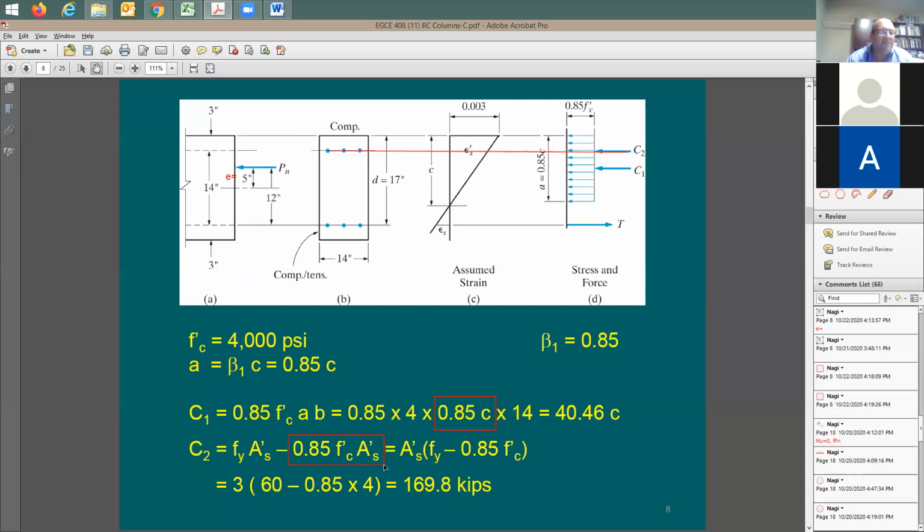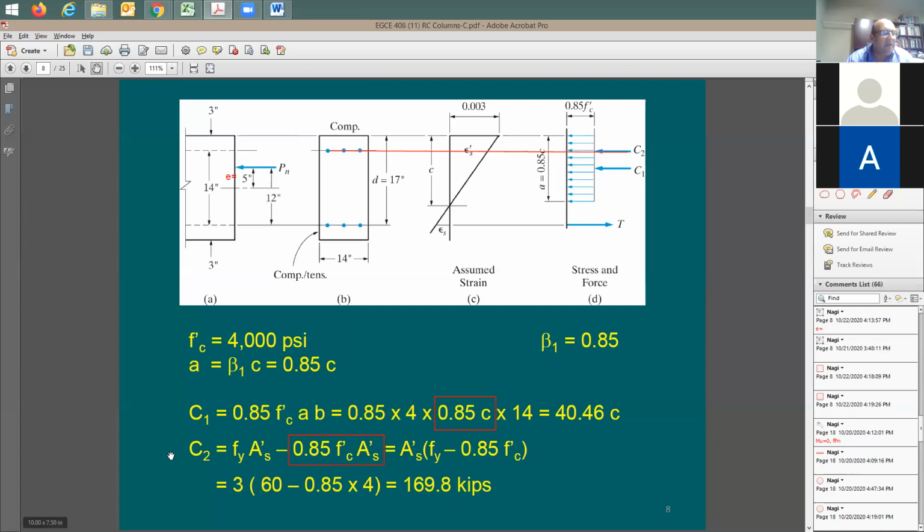But here it is going to be sensitive. If you look at 3 times 60, it's going to be 180 kips, right? Now compare 180 kips versus this detailed analysis, and you're going to get 169. This is not a small percentage. It's like 5%. You shouldn't be ignoring it.